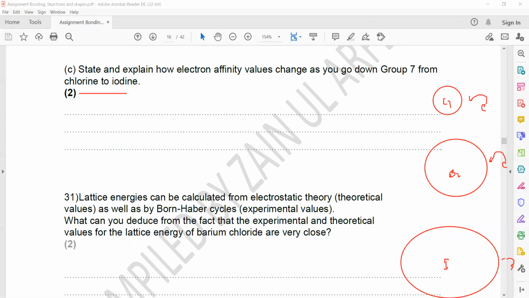So as we go down the group, it becomes less negative for this group 7. So electron affinity becomes less negative, moving down the group.